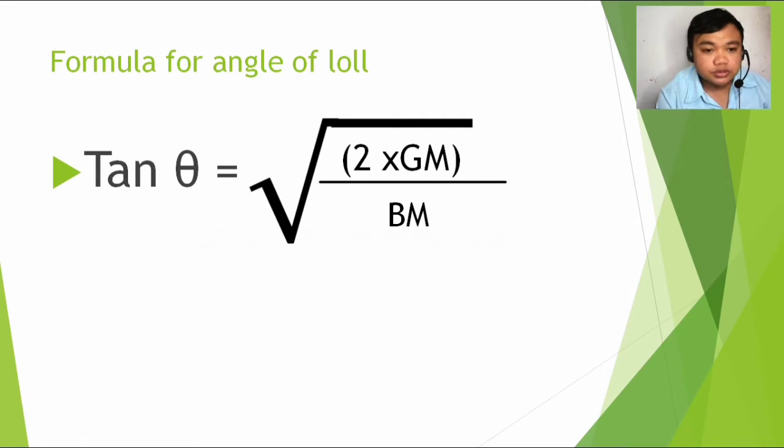Now we have here the tangent angle of Loll equals square root 2 times GM divided by BM. So in this case, since we have already our main graph, then we only need to obtain the value of GM and BM. Okay?